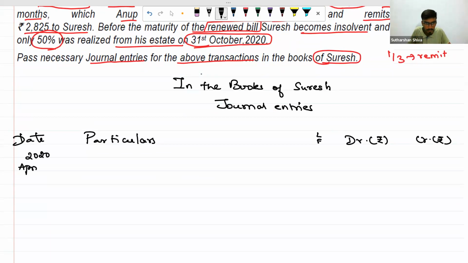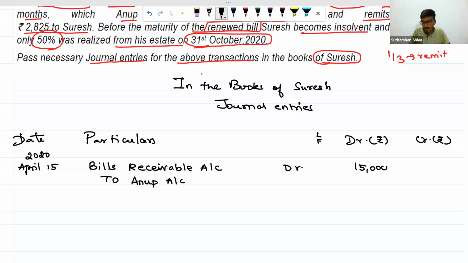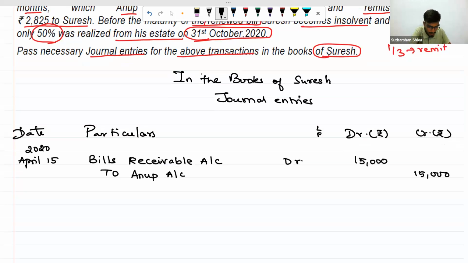So that April 15 is the first journal entry I will pass: Bills receivable account debit. To whom has the bill been drawn? Anup. Correct. To Anup account. What is the value of the bill? 15,000 is the value of the bill.